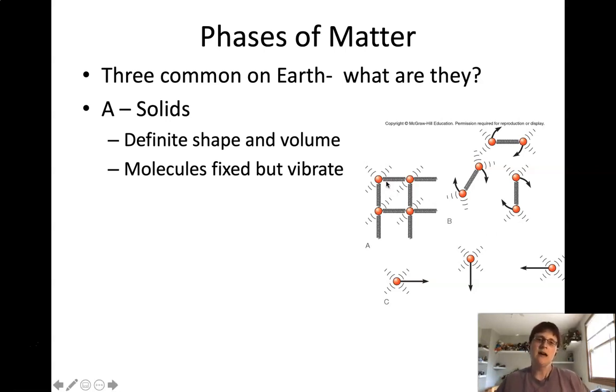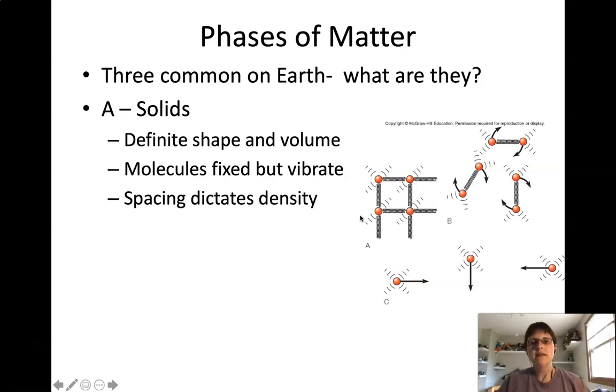If you look at these, they have bonds between them, but bonds don't move. There's no space in between them. They do vibrate, so that's why they have these little antenna almost in the picture around them. That's to show that they're shaking, but the molecules can't move. They're locked in place, but they can shake, they can vibrate.